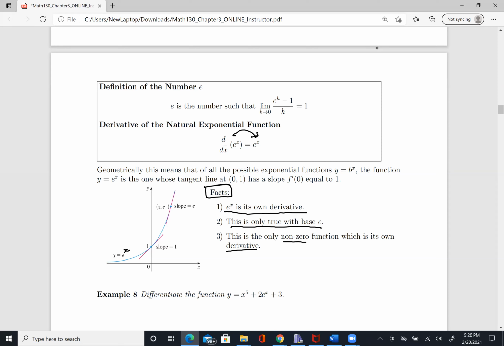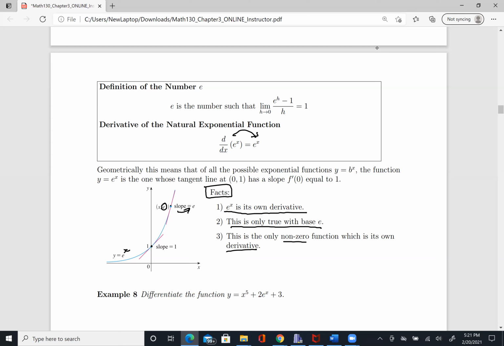If you take a look at the tangent line at point (0, 1) over here, then you should have a slope equal to 1. Whatever the value of y is, the slope is going to be equal to it, for each point. So for example, at point x where the value is e^x, the slope just becomes e^x. So it is its own derivative.